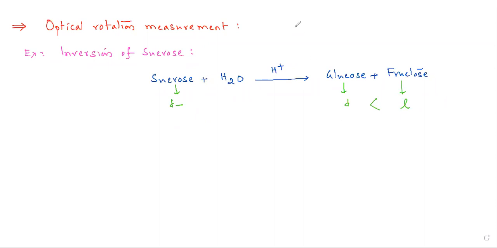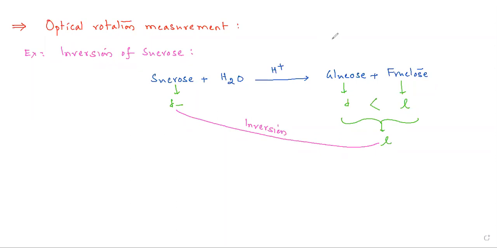So the overall thing is levo. See, you have started with a dextrorotatory one and ended up with a levorotatory one finally. So this is what we call inversion of sucrose. And the sucrose is of course called invert sugar.